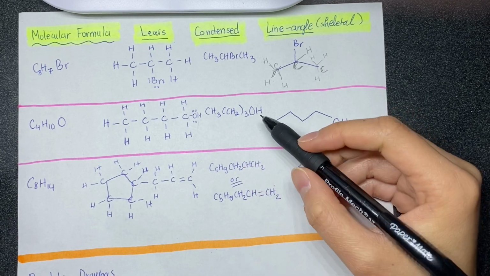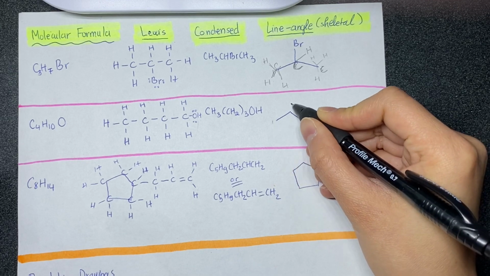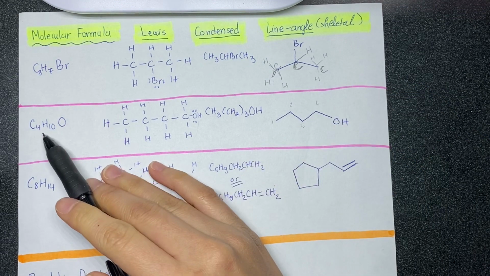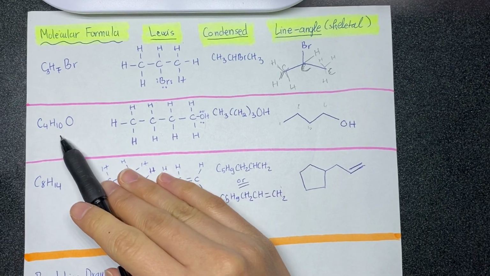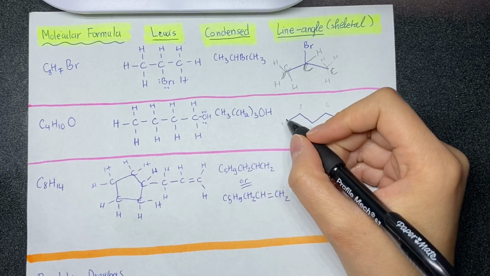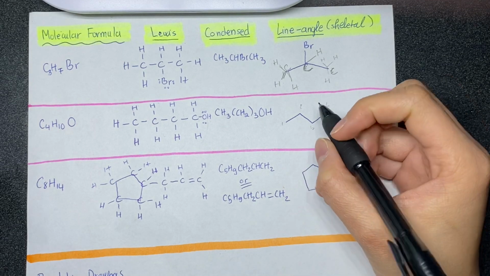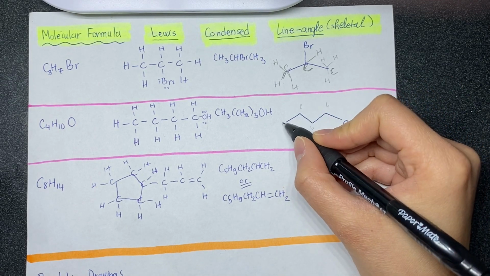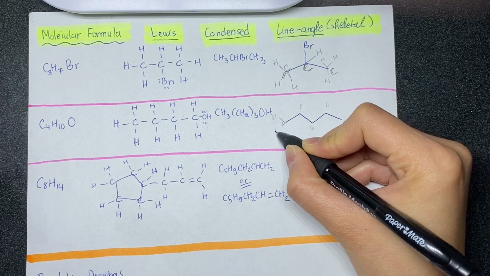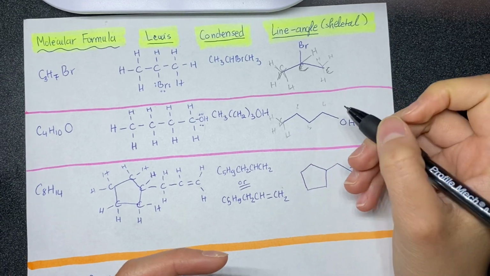And then if you have to draw your line angle, it would look like this, where you would have 1, 2, 3, 4 carbons, like here, your molecular formula right here. And then you can start drawing in your hydrogens to make sure that you also have the correct amount of hydrogens. So if I were to draw this out, you would have 1 hydrogen here, 1 here, 1 here, because you have a carbon right here and it has 4 bonds.